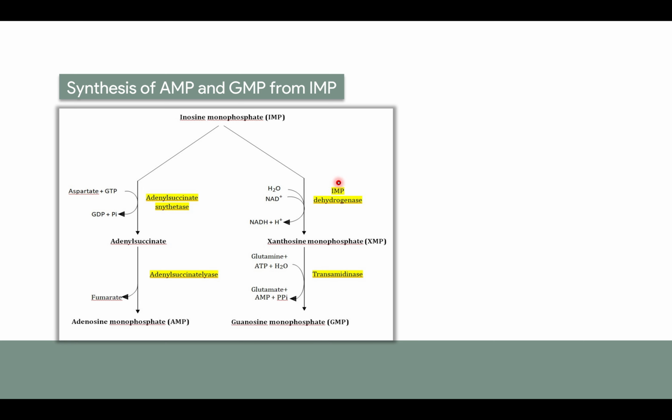IMP, in the presence of the enzyme IMP dehydrogenase, converts NAD plus to NADH, forming xanthosine monophosphate. In the presence of transamidinase, glutamine gets converted to glutamate, utilizing two phosphorus molecules to form GMP, that is guanosine monophosphate. So this is about the formation of AMP and GMP from IMP, which is the primary nucleotide formed from the purine synthesis.